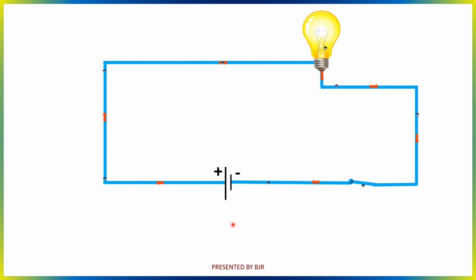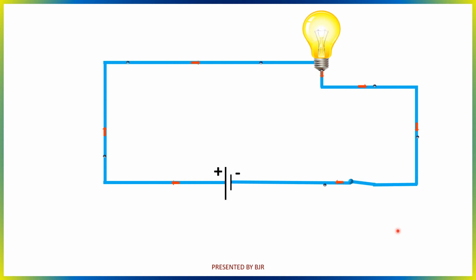Similarly, water flows from a higher level to a lower level. Similarly, in case of current also, current flows from a point of higher potential to lower potential. That's why here I am taking the direction of current as the conventional current direction only, from positive to negative terminal. Okay, so from now onwards in all our circuits we have to show only the conventional current.